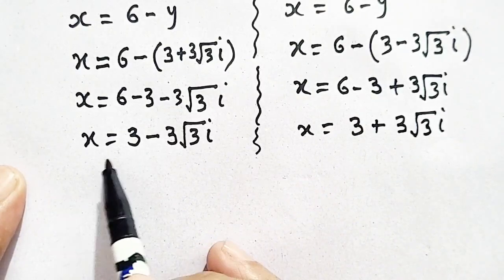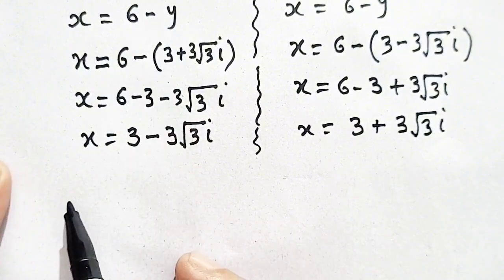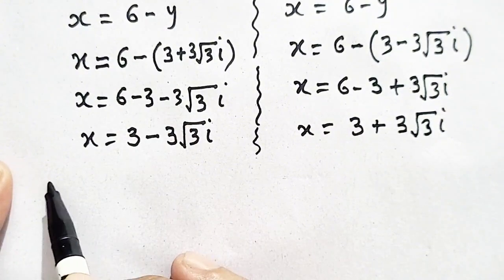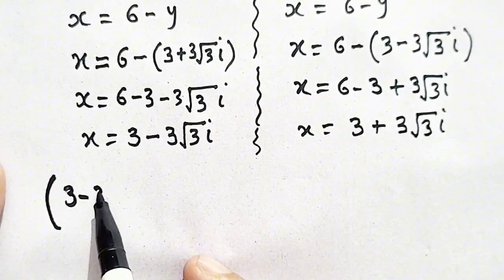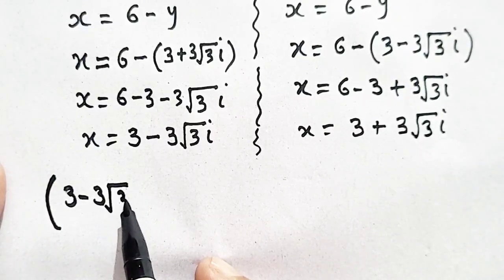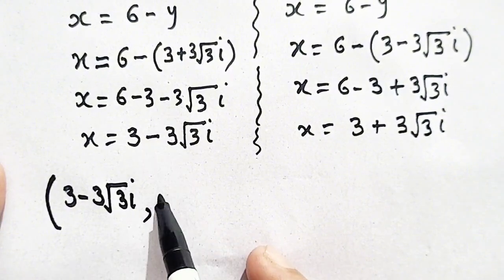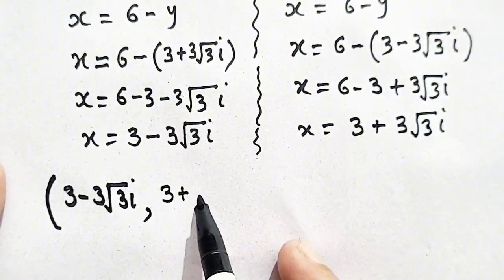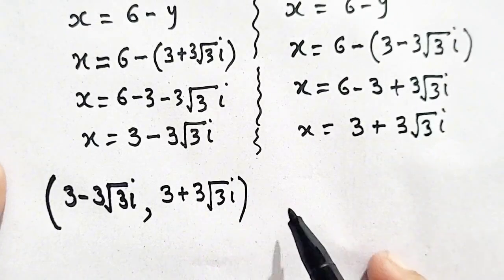So first of all we have to write x and then y. So the pair will be x is 3 minus 3 square root of 3 iota, and y is 3 plus 3 square root of 3 iota.